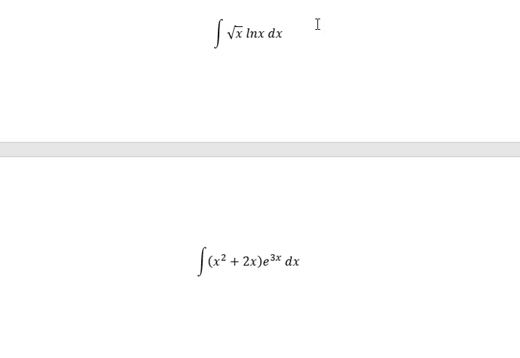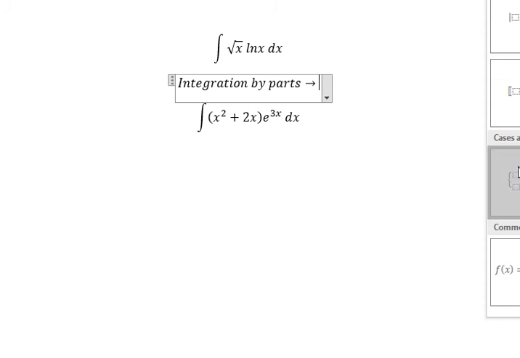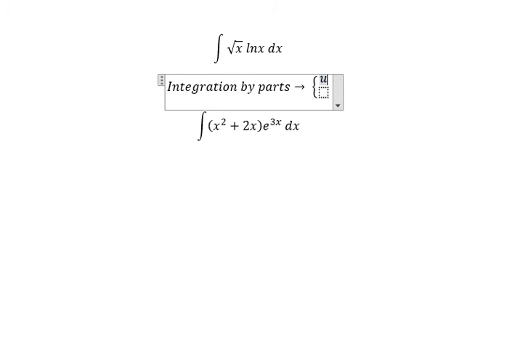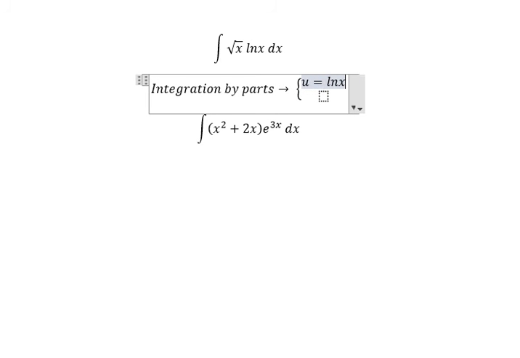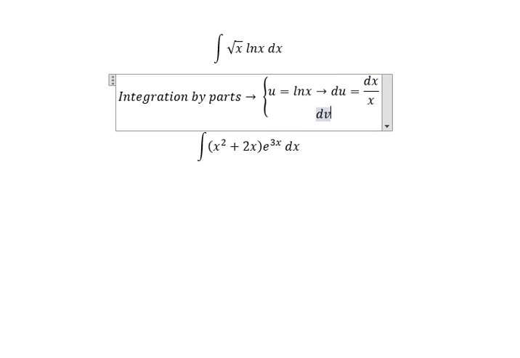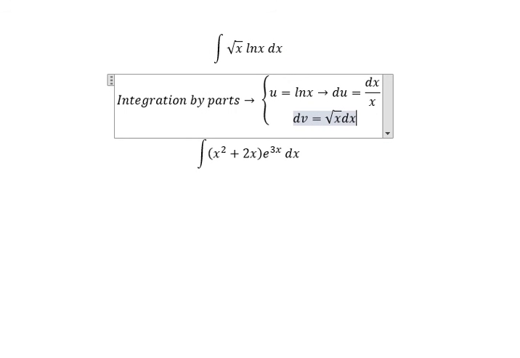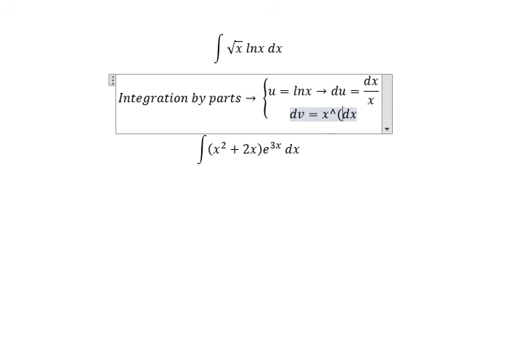Now let's go to the next one. This one we can use integration by parts. So u equals ln s, du we got 1 over s. dv we got the square root of s ds. That means this one we change to s to the power of 1 over 2.